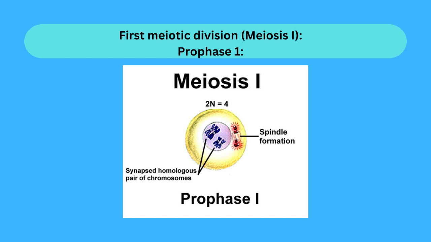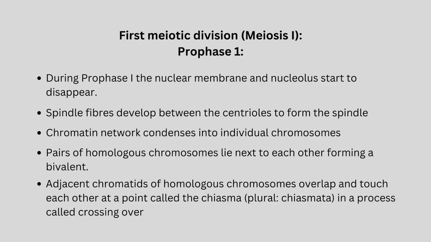First meiotic division, meiosis I. Prophase I. During prophase I, the nuclear membrane and nucleolus start to disappear. Spindle fibers develop between the centrioles to form the spindle. Chromatin network condenses into individual chromosomes.